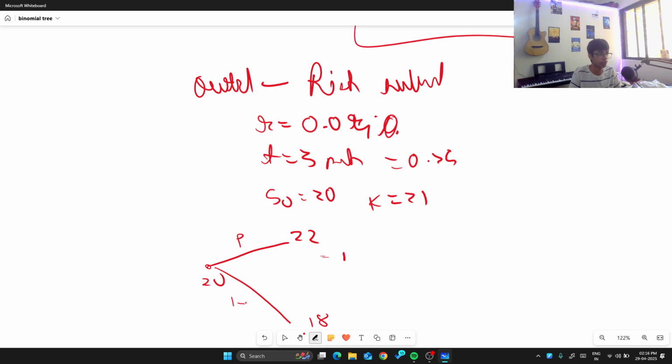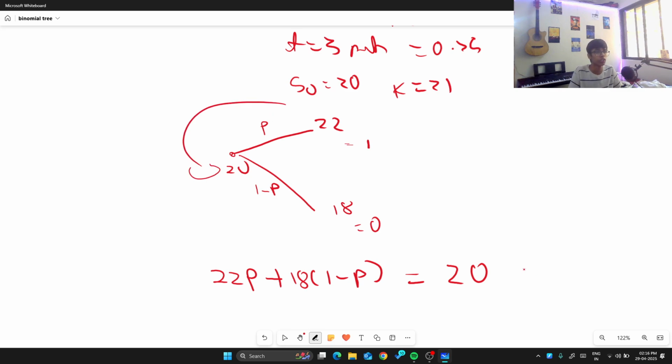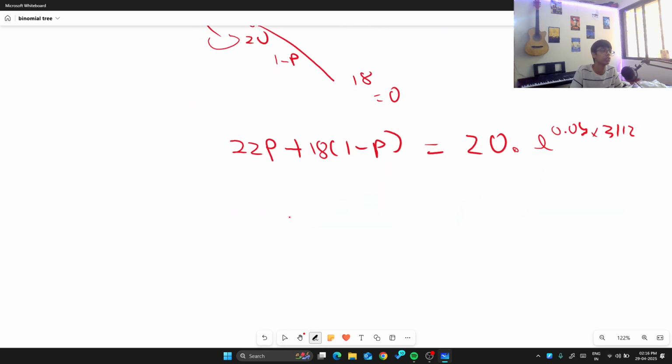We will find the probability P here. So our portfolio will be 22 times P of going up plus 18 times 1 minus P of going down, and that would be equal to 20 discounted, 20 times e^0.04 into 3 by 12.